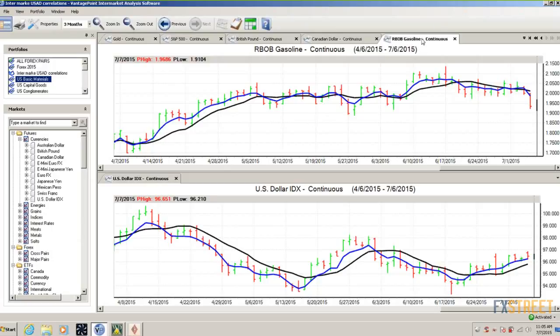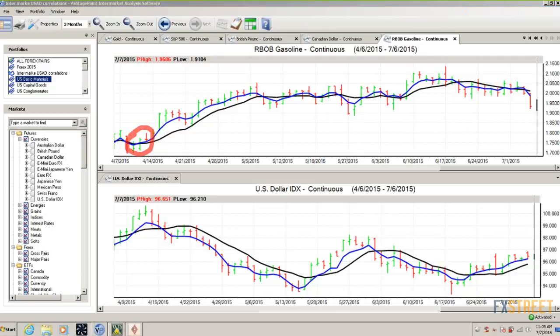When we look at the RBOB gasoline contracts, the one thing we can assess very clearly here is that one is driving the other. As one goes up, the other one goes down, meaning the US dollar index. So the US dollar index has a very high inverse correlation to the RBOB gasoline contract.